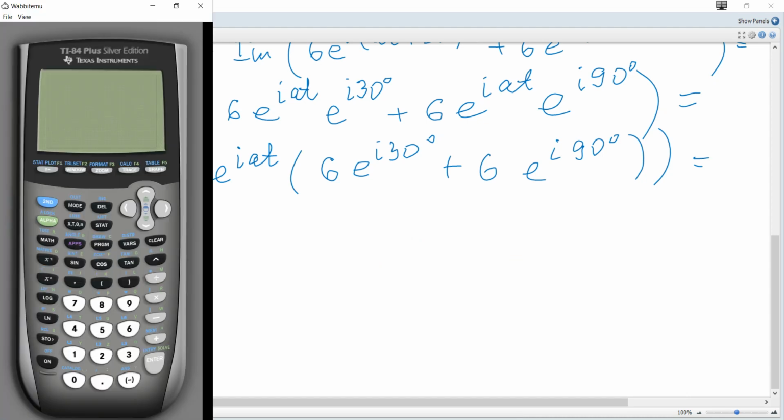And how to do that? First of all, we should choose the mode, radians or degrees. I will use radians because, I don't know why, but when I choose degrees I get an incorrect answer. And here we should choose this r e to the power of i theta.